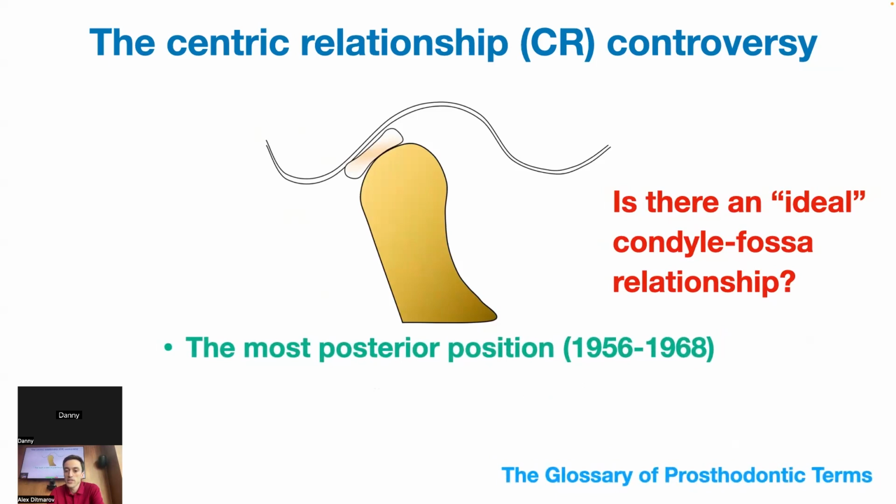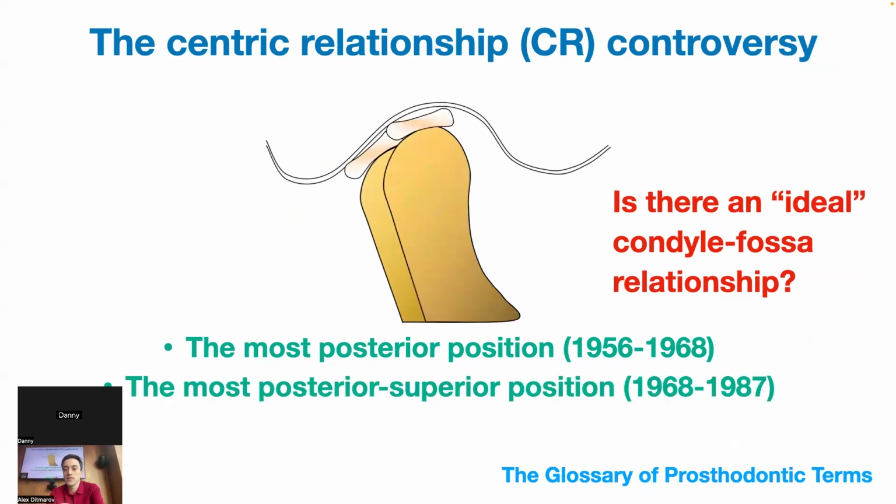We know that there is this glossary, the glossary of prosthodontic terms, that is considered to be the Bible of prosthodontics. And if we look at several editions, to this day there are 10 editions of this glossary. And when we look at the early editions, we see that the CR, the centric relationship, was defined as the most posterior position of the condyle inside the fossa.